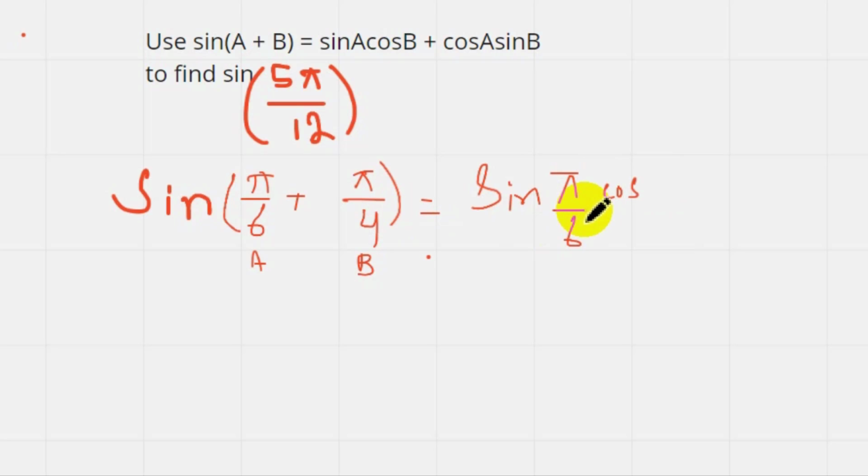Cos b, which is cos pi over 4, then plus cos a, meaning cos pi over 6, and then sin b, which means sin pi over 4.